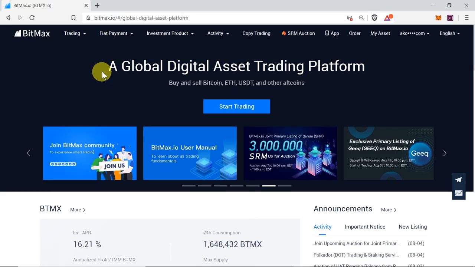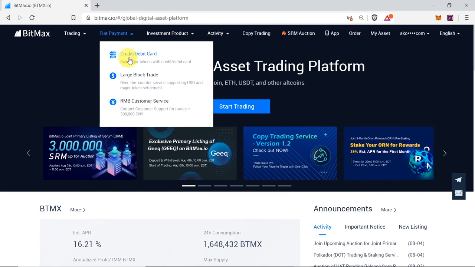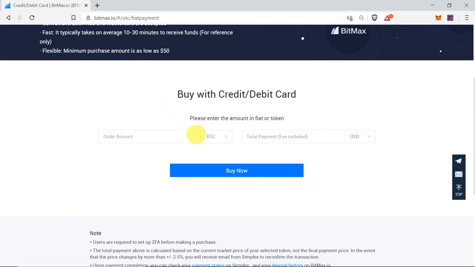Once you create your account, you log into it, and if you don't have cryptocurrencies yet and you want to buy them from your bank account, you would go to fiat payments and then credit and debit card. Over here we can buy cryptocurrencies like Bitcoin, Bitcoin Cash, Litecoin, Ripple, Ethereum or Stellar for dollars or euro.